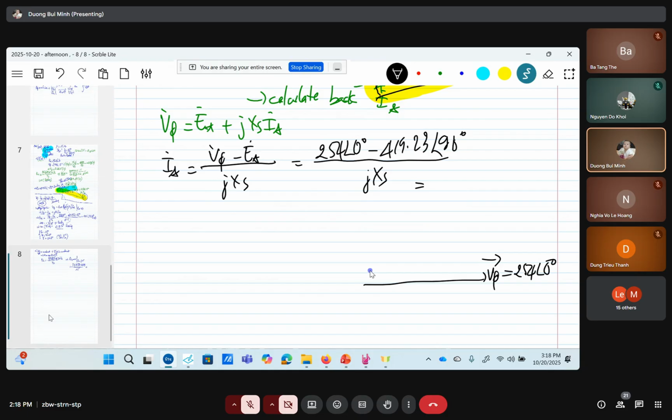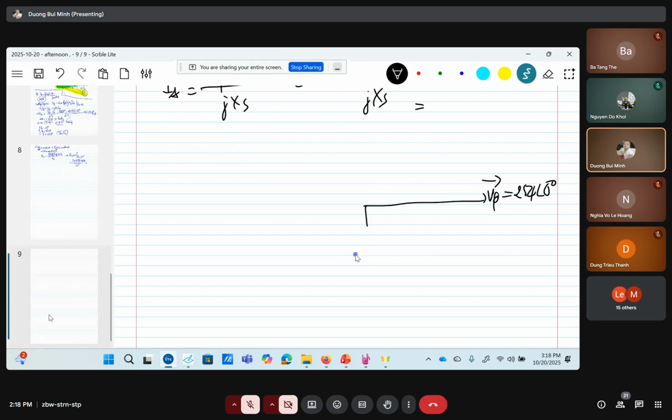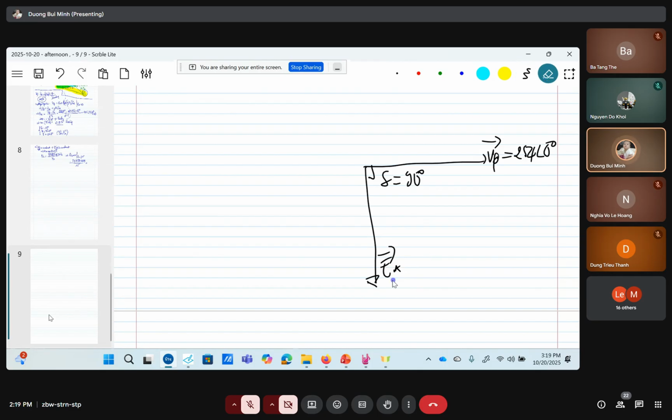EA is like this, because we have delta at 90 degrees. Maybe this should be longer, because EA here is 419 with 90 degrees minus 90 degrees.